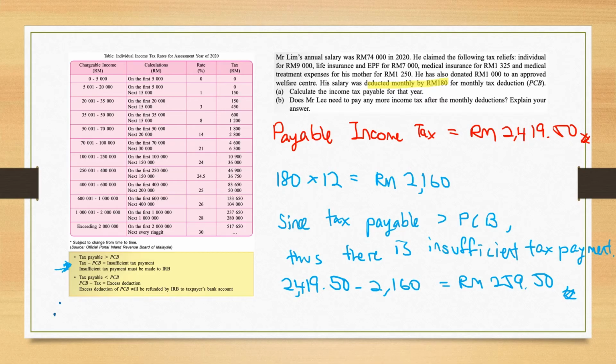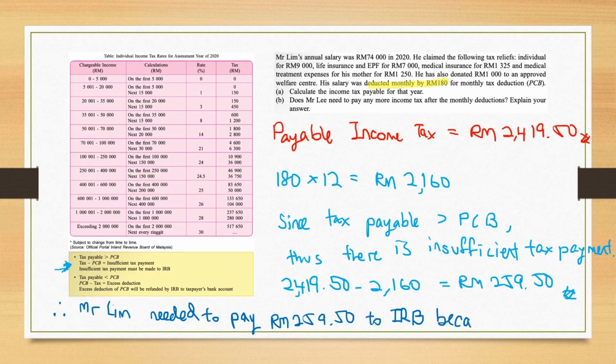Mr. Lim needed to pay RM 259 ringgit and 50 cents to the IRB, the Inland Revenue Board, because the deducted PCB, which is this 2,160, was insufficient for his income tax.